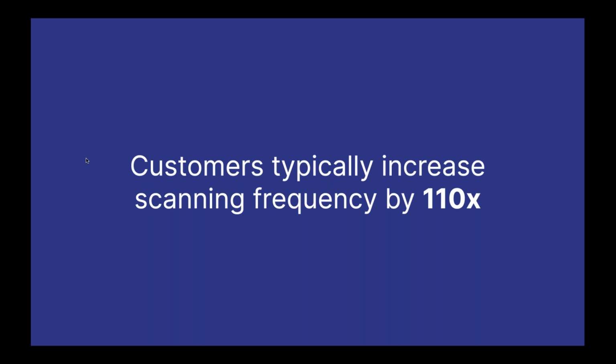Maybe there were manual scans, or they scanned infrequently, like every month or only a few times a year. But today's DevOps and security standards are moving away from those infrequent scans and towards scanning code on every pull request or every push.